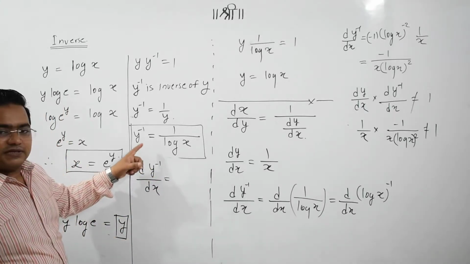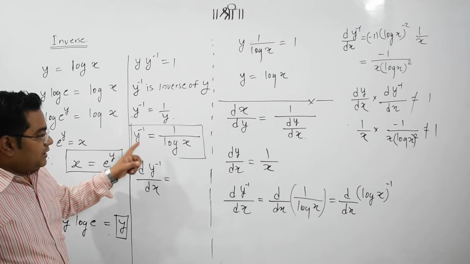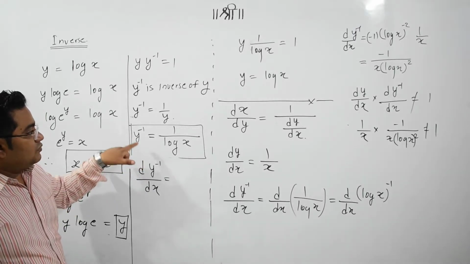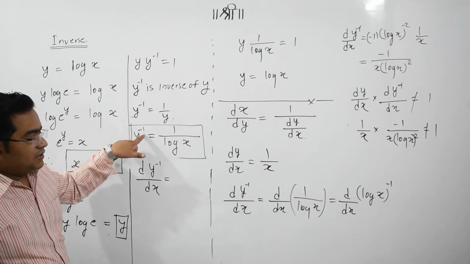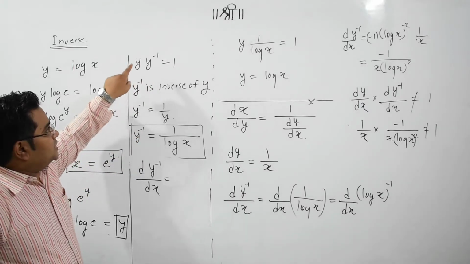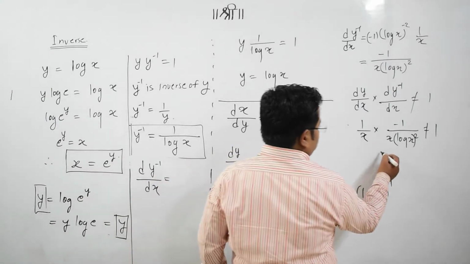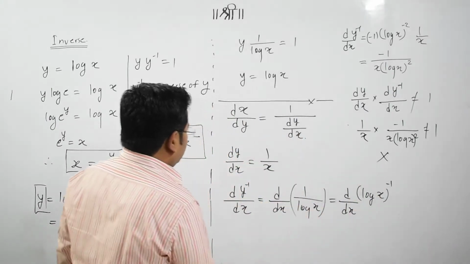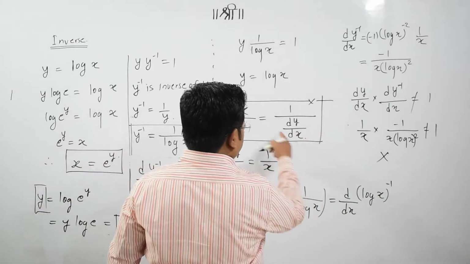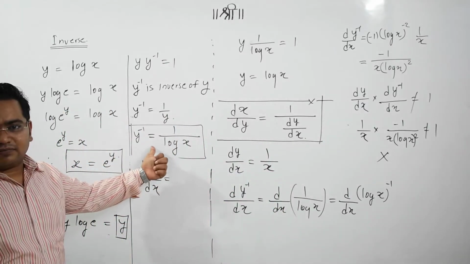We are not using this kind of inverse. Hope I have made my point clear that this y raised to minus 1 is not the functional inverse of this given y. Okay, understood? So this is not the inverse, and this equation is not satisfied by this inverse format.